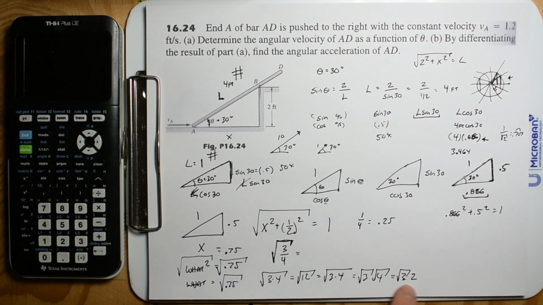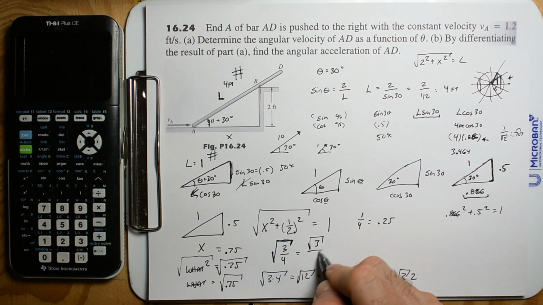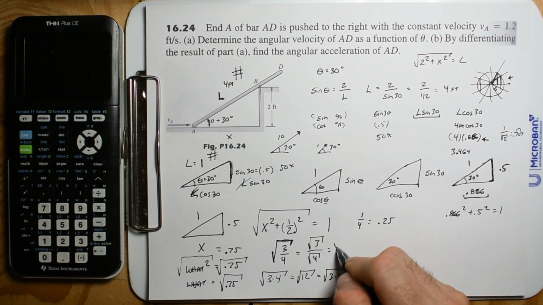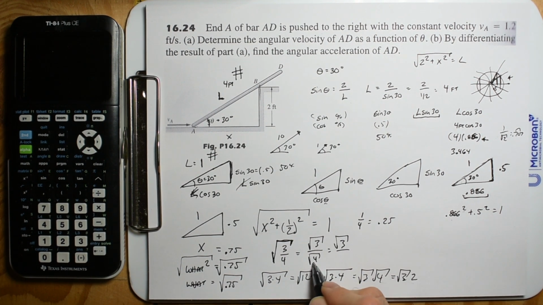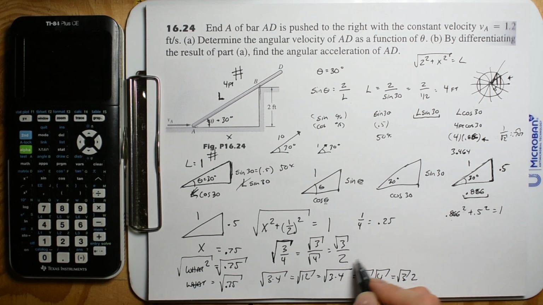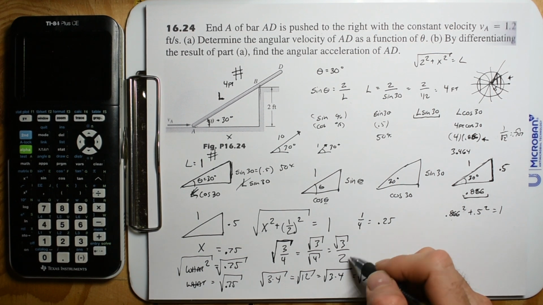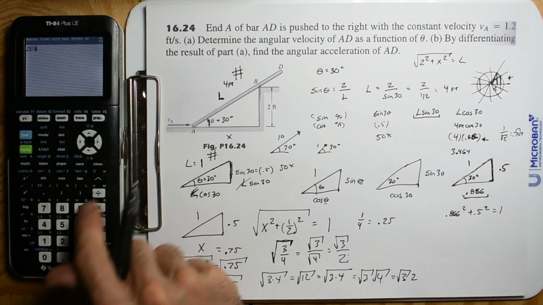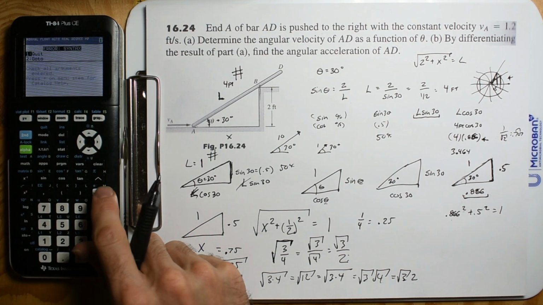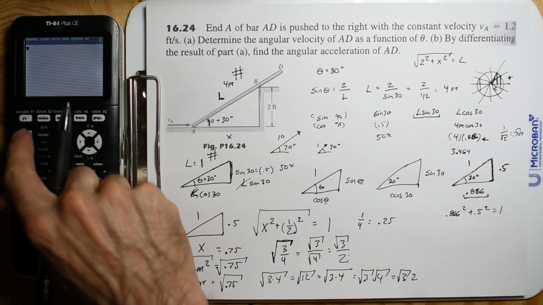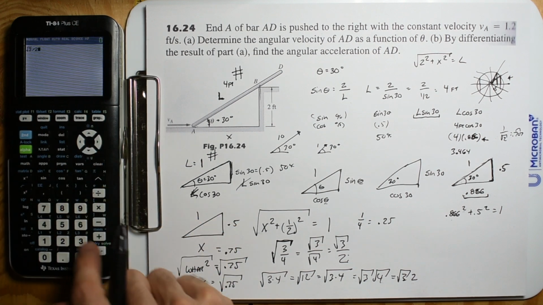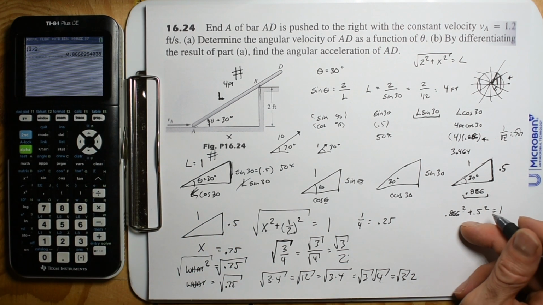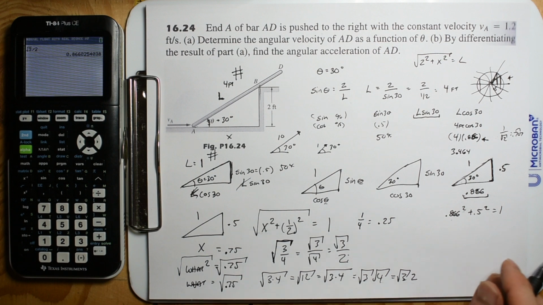We can do the same thing with quotients. So we got square root of 3 divided by the square root of 4. That's going to be the square root of 3, and the square root of 4 is 2. So this is going to be square root of 3 divided by 2. We throw that into our calculator, and we get that 0.866. So that's kind of where that comes from.